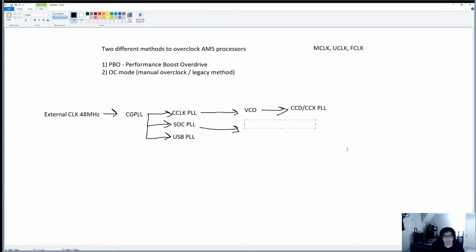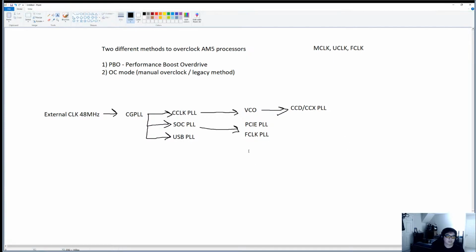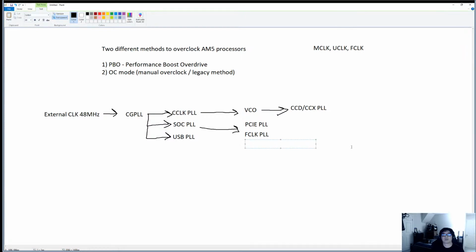If I remember correctly, you have the PCIe PLL, which has its own PLL. Then there's going to be one for the F clock, the fabric PLL. You have all these phase lock loops, and for those that are not really following what's going on, we're talking about how the clock signal keeps everything in sync.